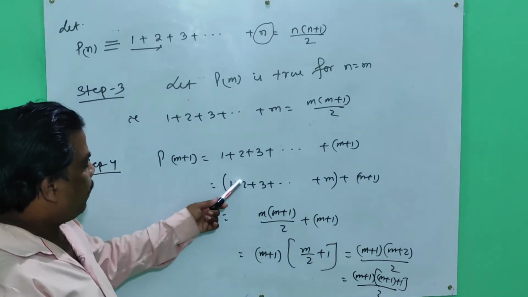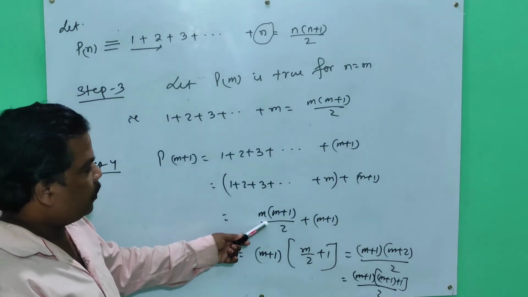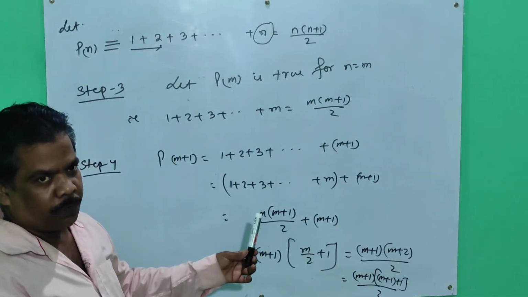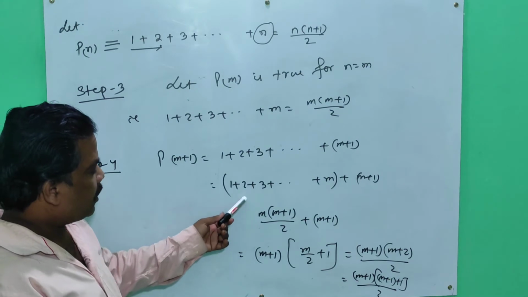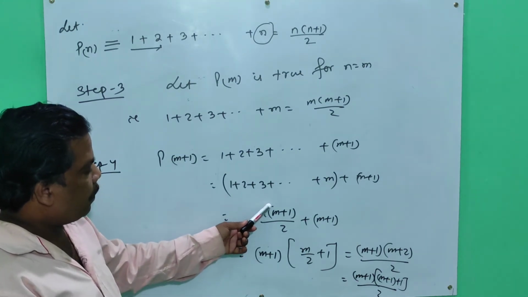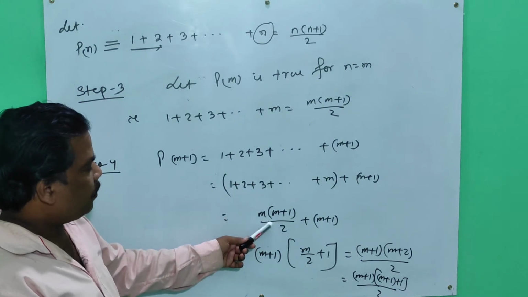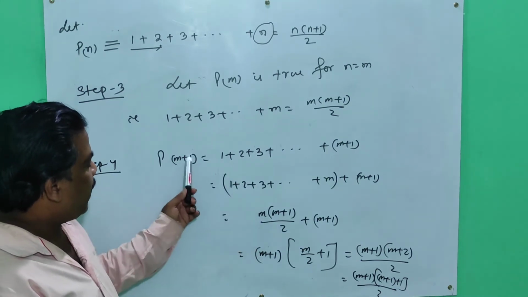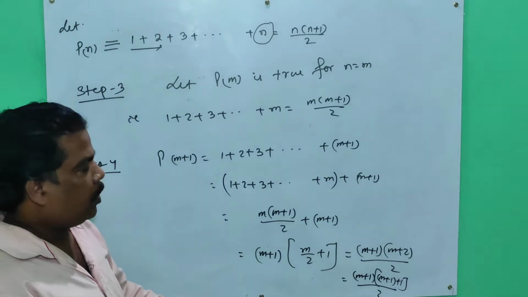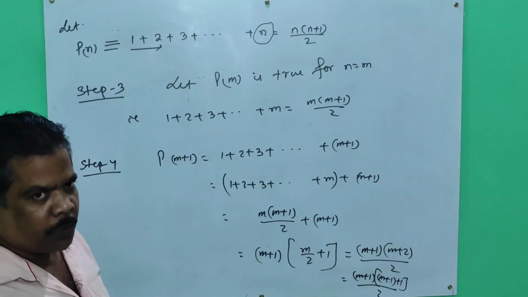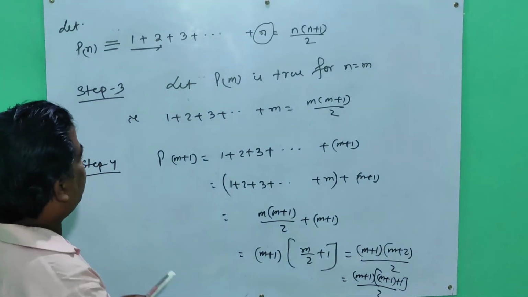As Pm is true, we have Pm plus 1 is true. So by the principle of induction, Pn is true.